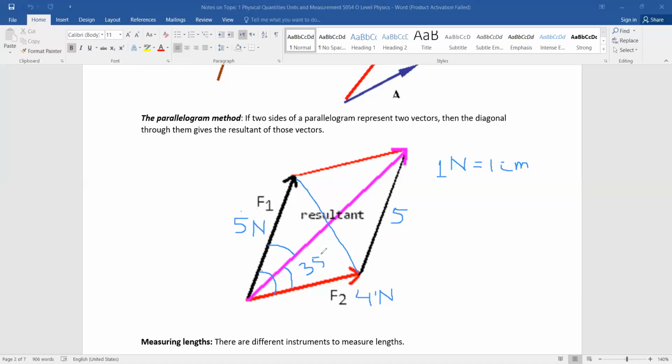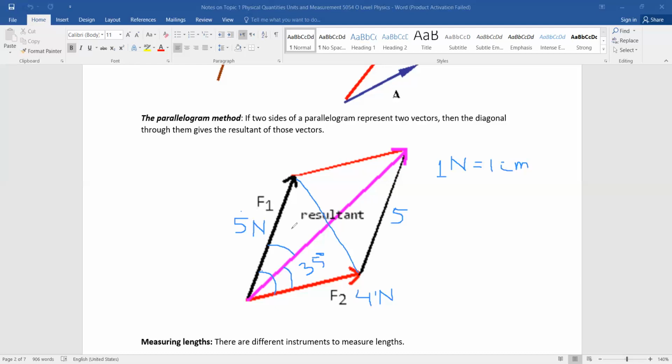So how will we write the direction? You will write that vector F2, or force F2, is making 35 degree with the resultant. Okay, this way. The same for this one also.